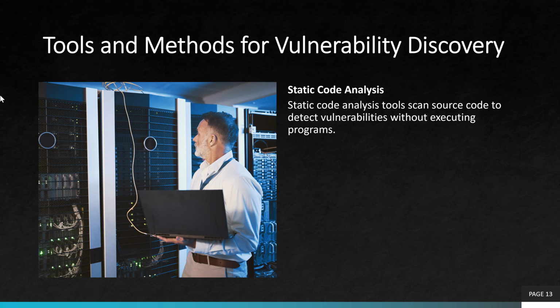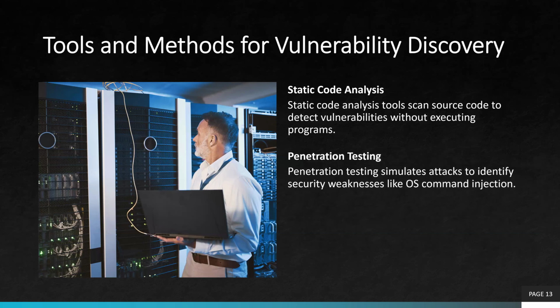Whenever you detect that kind of source code, which is susceptible to vulnerabilities because it doesn't validate the input, make sure you tell the developers that they need to mitigate that and find a solution.